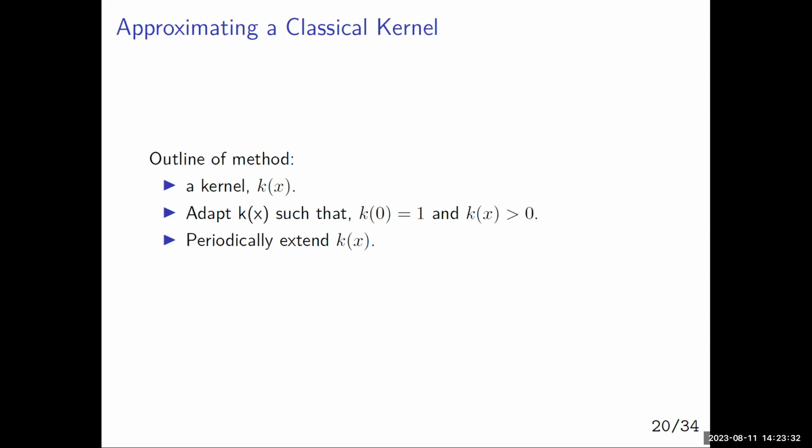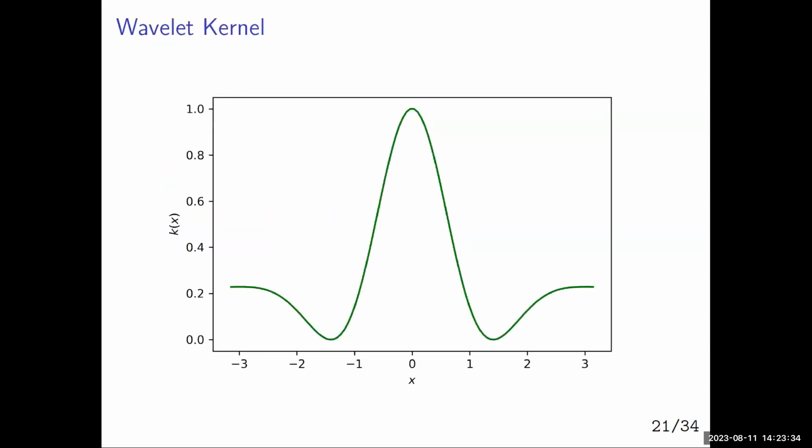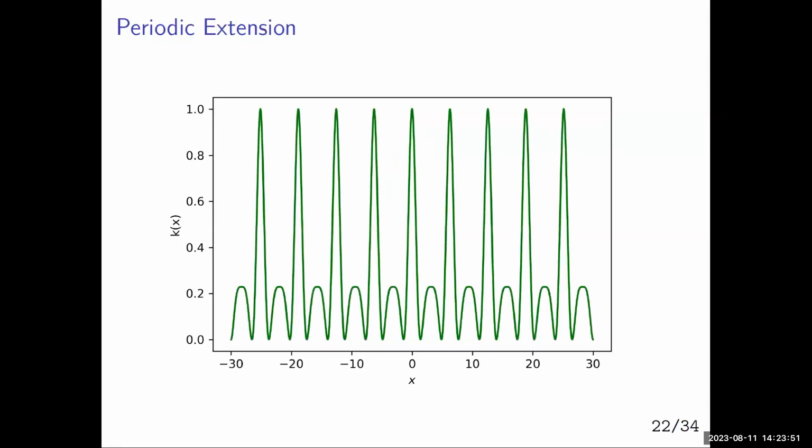For the wavelet kernel, those two dips on the side are usually negative, so I shifted the whole kernel up and then scaled it down so that it met both those requirements. Then we're going to repeat this, so we're going to periodically extend it. What that looks like is this. The reason we're doing this is just to make it easier to take a Fourier series of this function.